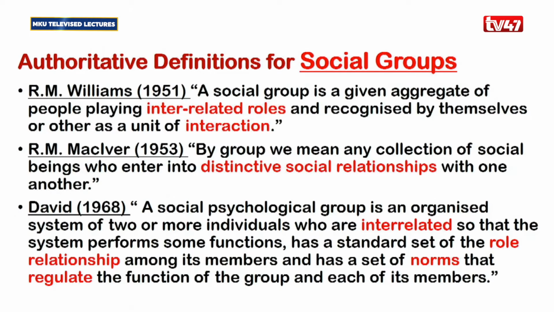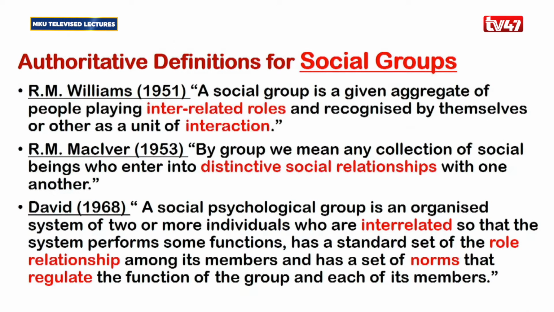For Williams, a social group is a given aggregate of people with interrelated roles, recognized by themselves as a unit of interaction. Interaction and interrelatedness is a critical component of social groups. Any gathering of people who do not have interrelatedness and interaction does not qualify as a group.